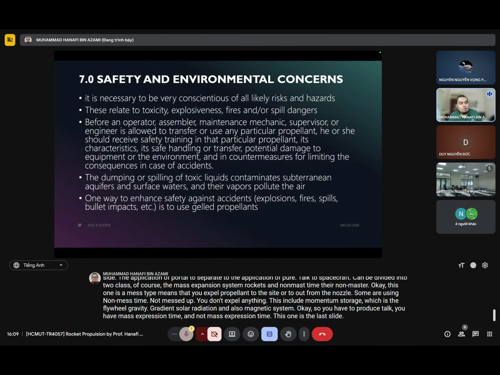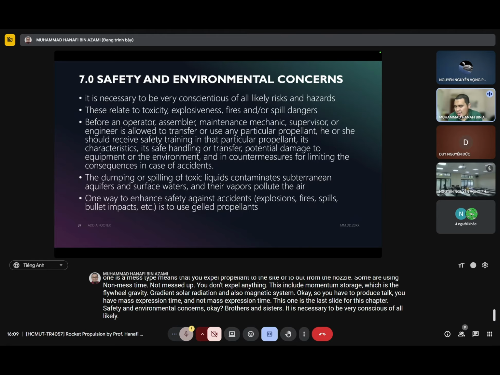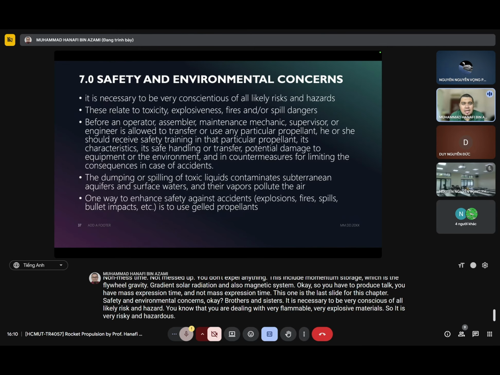This one is the last slide for this chapter. Safety and environmental concerns. Okay, brothers and sisters, it is necessary to be very conscious of all likely risks and hazards. You know that you are dealing with very flammable, very explosive materials, so it is very risky and hazardous.